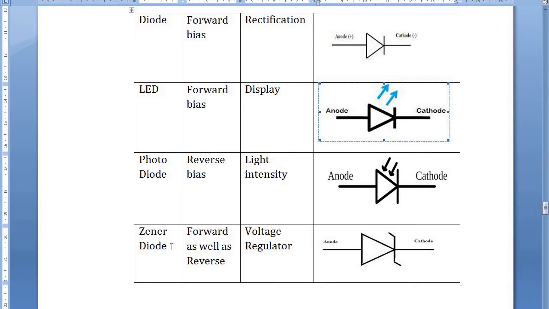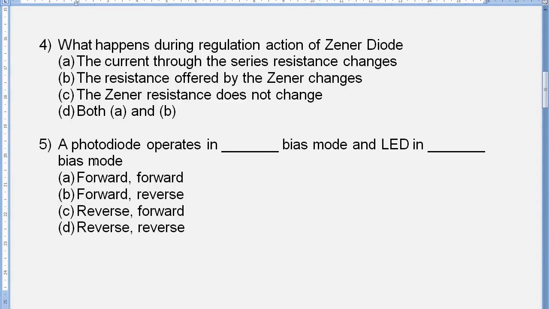Then number 4 is the Zener diode. It works in forward as well as reverse, but it is made to be used in reverse bias mode. It is used in voltage regulators, and this is the symbol of a Zener diode. So coming to our question: the photodiode always operates in reverse bias mode, and the LED always operates in forward bias mode.